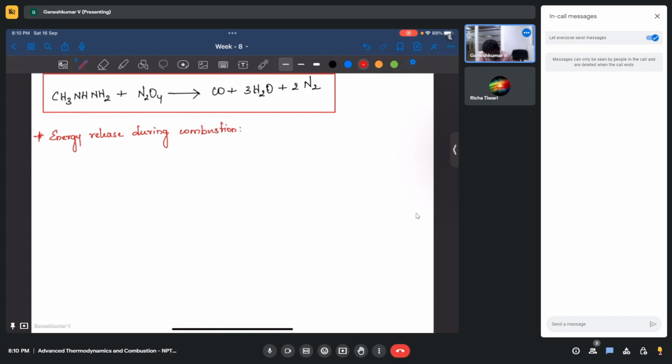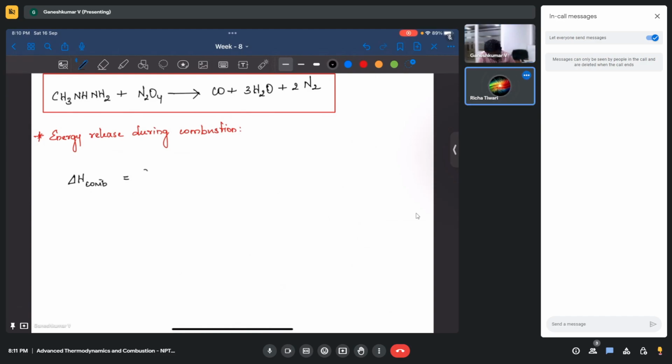So we write enthalpy of combustion. Please recheck what has been followed in the lectures, but for now, write delta H of combustion. That is the energy release of combustion, which is nothing but the enthalpy difference between products and reactants.